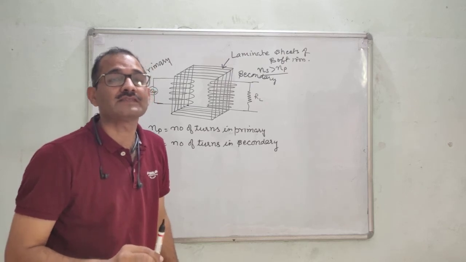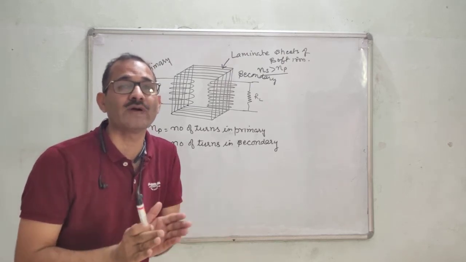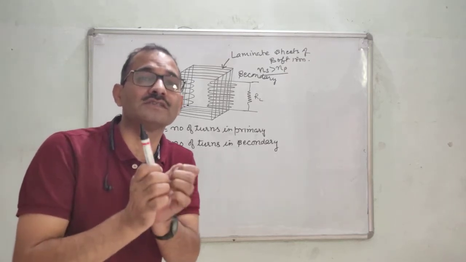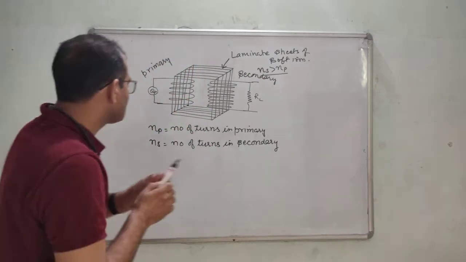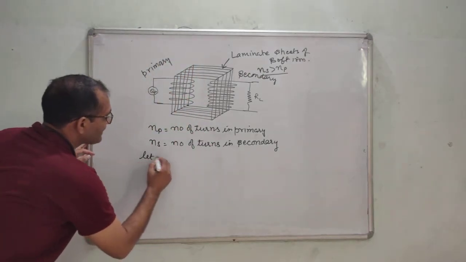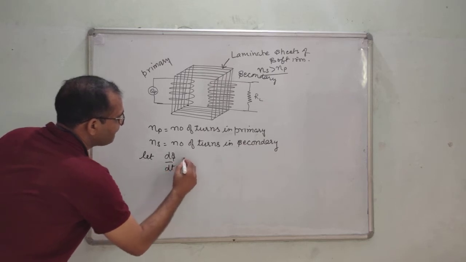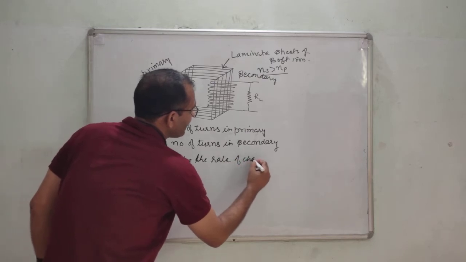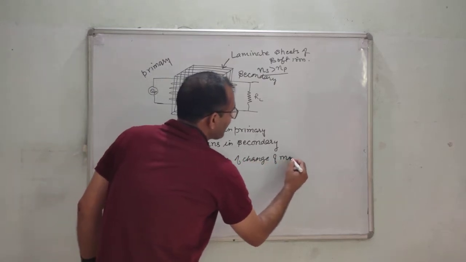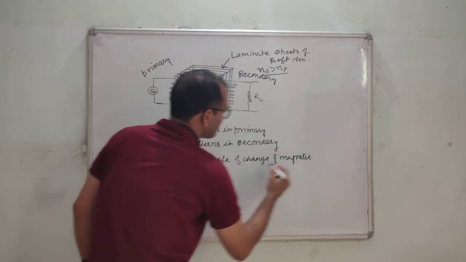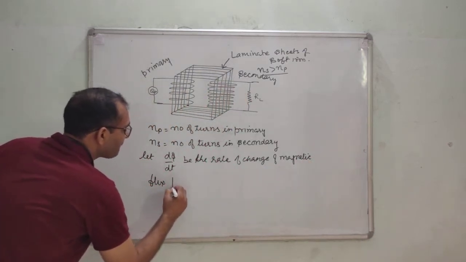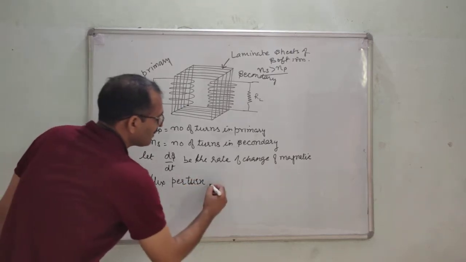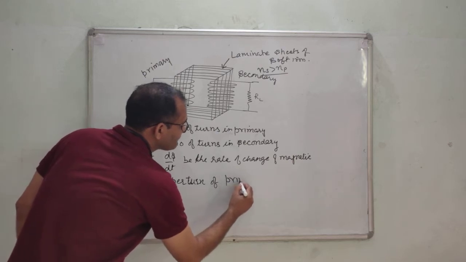The benefit is that the same magnetic field exists for the two coils, and the same magnetic flux per turn passes across the two coils. We are assuming that dφ/dt is the rate of change of magnetic flux per turn of the primary coil.